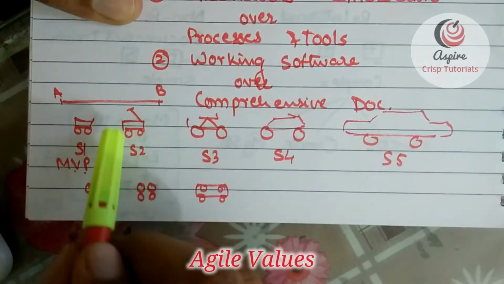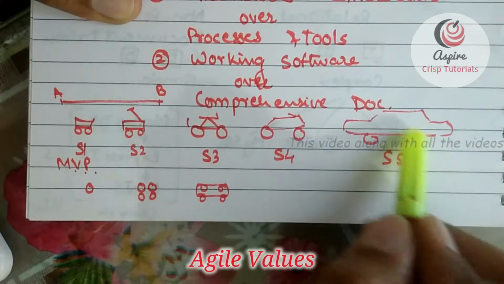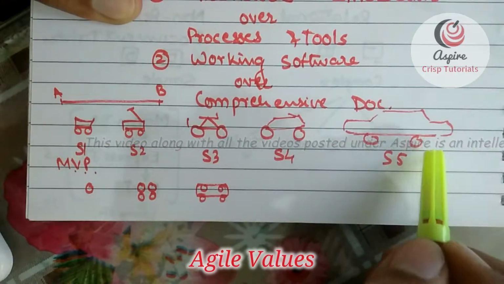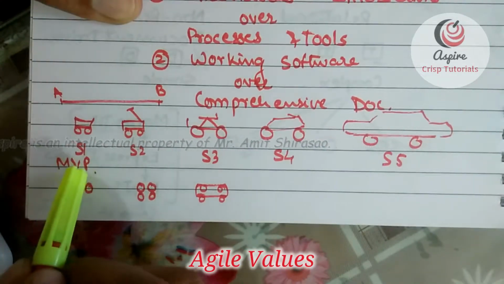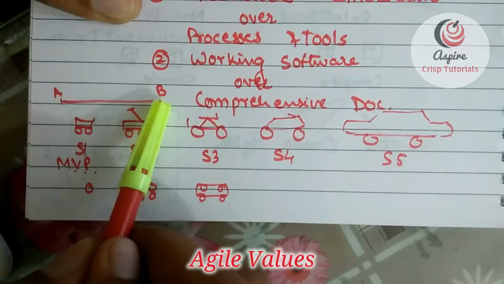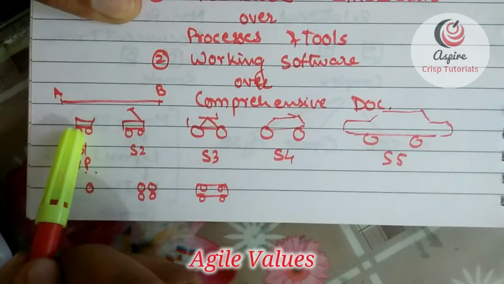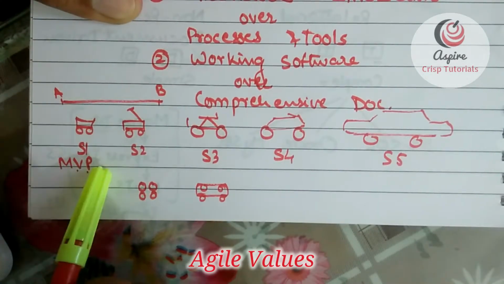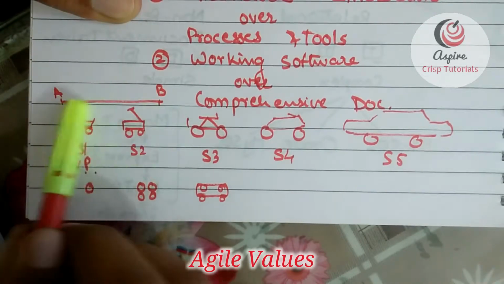So don't deliver him one tire in the first sprint, then 4 tires in the next sprint, then an engine in the next sprint. Don't do that. Instead, first deliver him a skateboard, because the purpose of the client is to go from point A to point B. Car is just a medium. So just give him a skateboard in the first sprint.